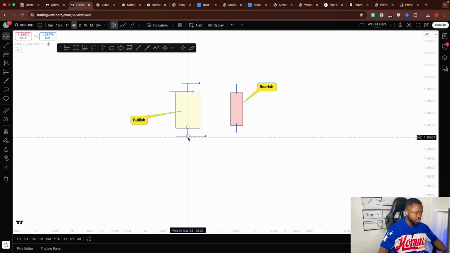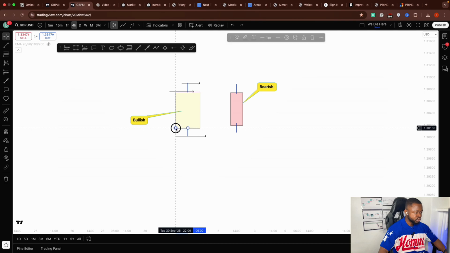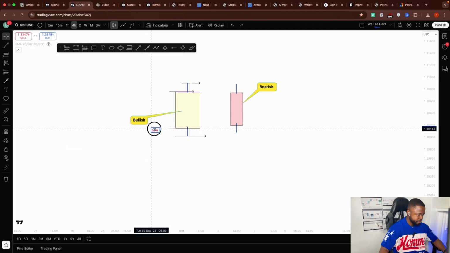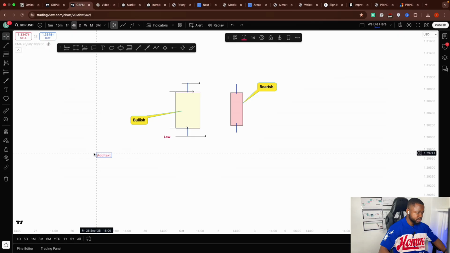So this is going to be the low. This is going to be the open. This is going to be the high. So let's do this low. This is going to be the low of the candle. This is going to be the open.